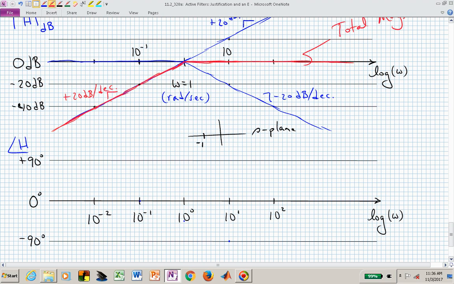Well, we actually need to go all the way from, and the angles are always measured from this positive real position in the complex plane. So a -1 now has an angle of -180 degrees.